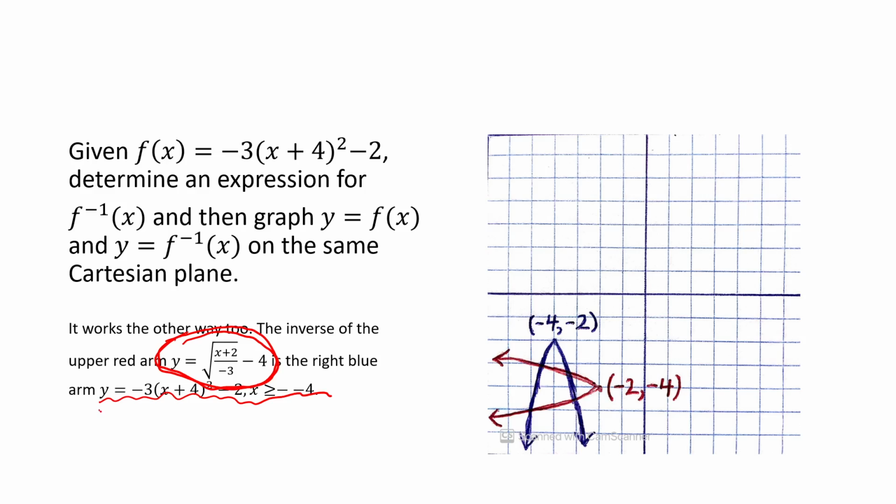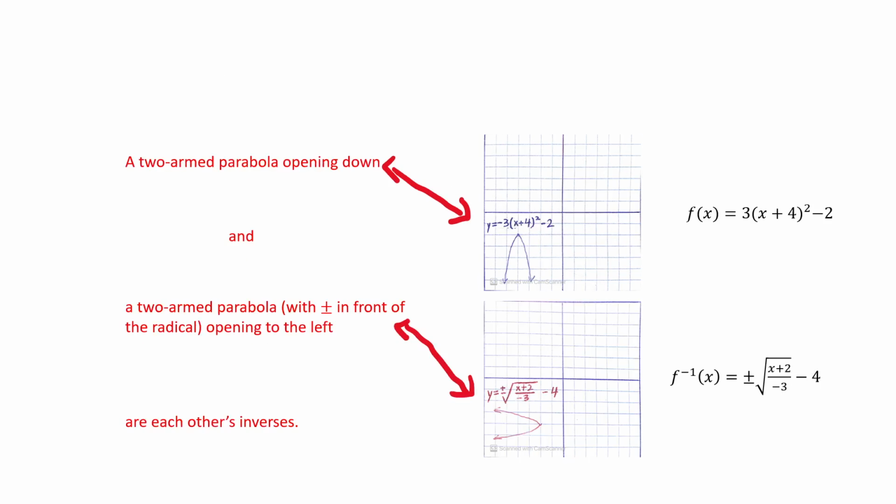And then to determine the inverse of that, which would be negative 3 bracket x plus 4 quantity squared minus 2, and then with the added statement that x must be greater than or equal to negative 4. Or if you start with the radical version and you have a negative in front of the square root, then that means when you determine the inverse, you're going to have to qualify it by saying x must be less than or equal to negative 4.